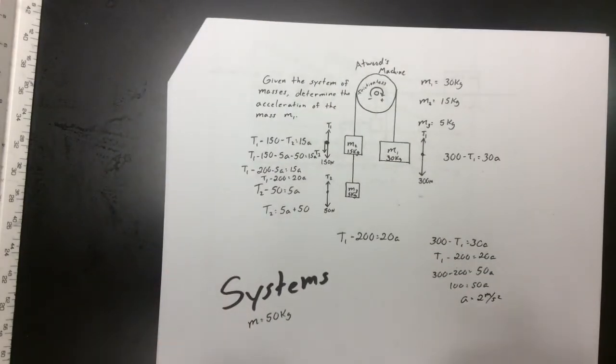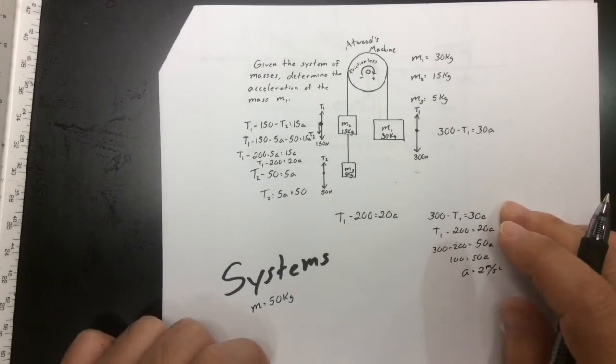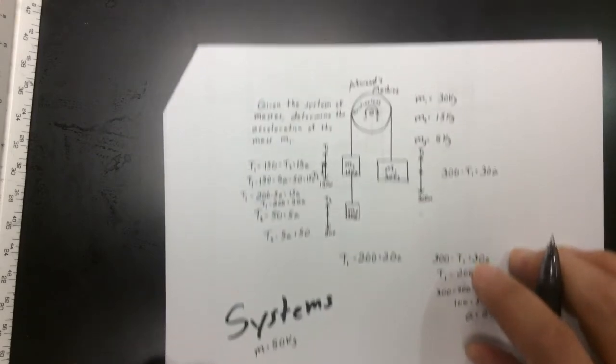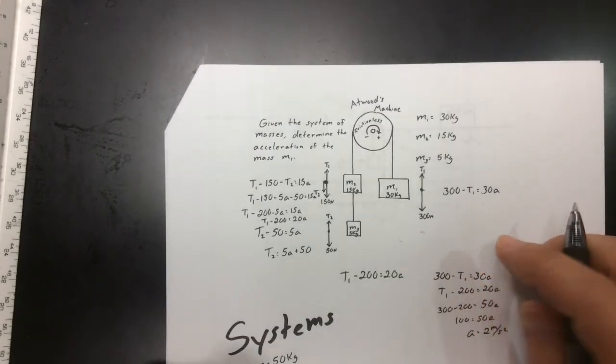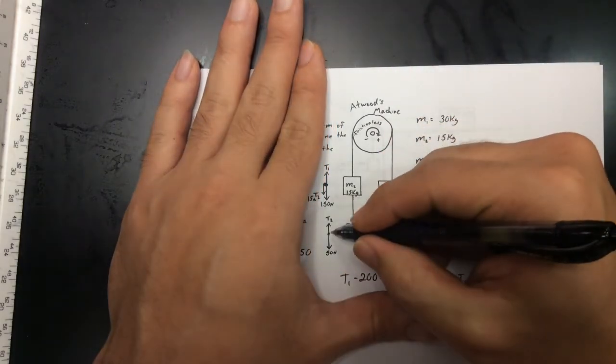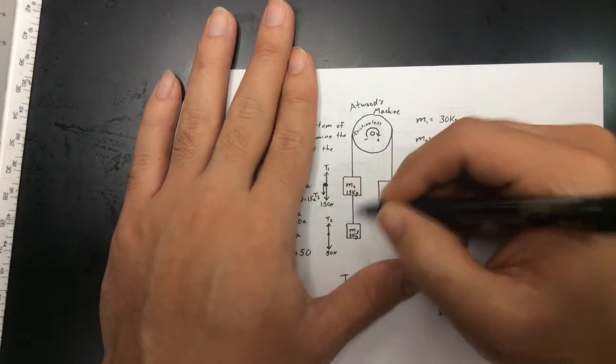Okay? And so we're going to look at our external forces and we're going to look at our internal forces. So internally, these are forces that are going to cancel themselves out. And so if I look at my picture right now, I've got tension 2 going up and I've got tension 2 going down, and that cancels out.